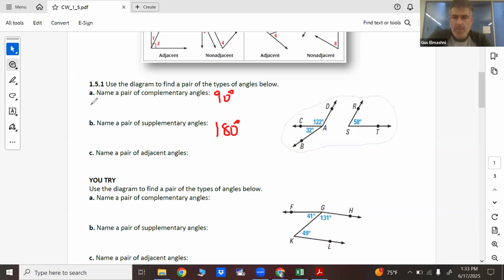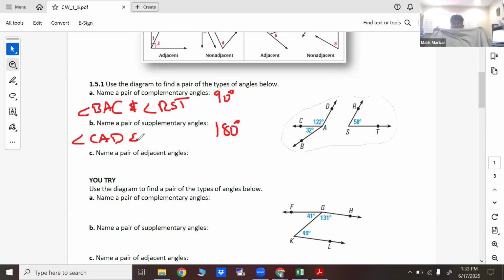So I would say angle BAC and angle RST. Supplementary adds up to 180. So I'd say angle CAD and angle RST.